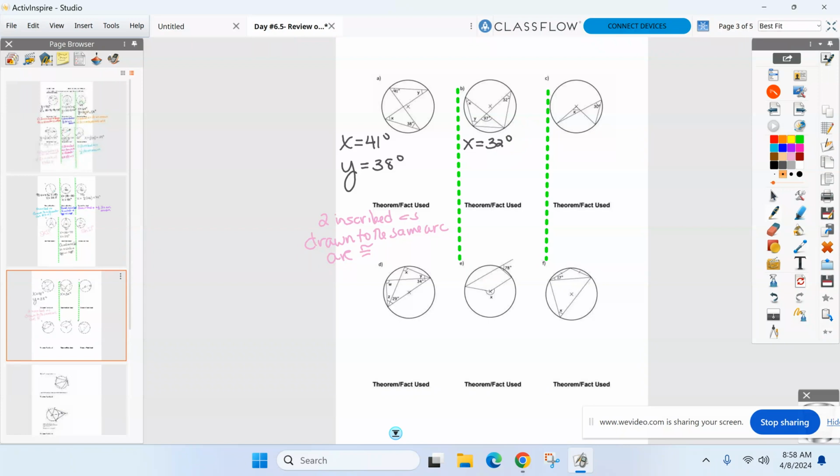I don't know how you guys are getting into it. Me personally, I found the angle next to 97. Was that 83? So that's 83. I already knew X was 32. And now I set up those three angles, including Y, have to add up to 180.